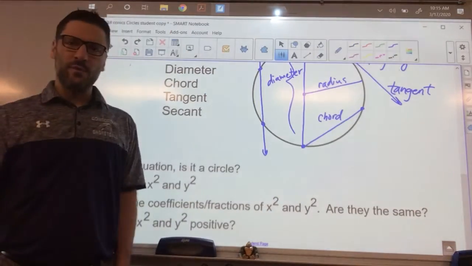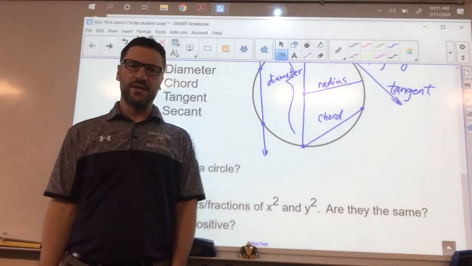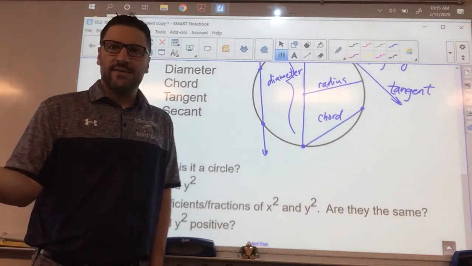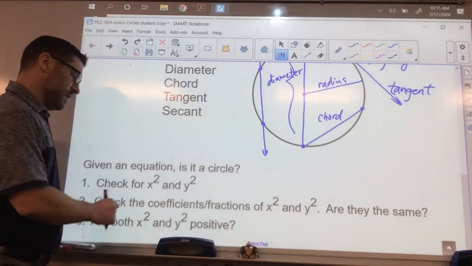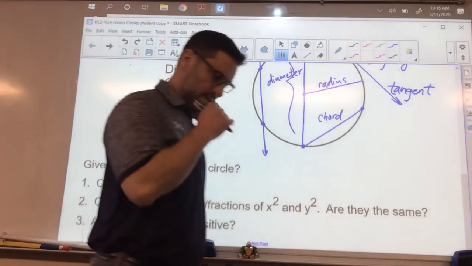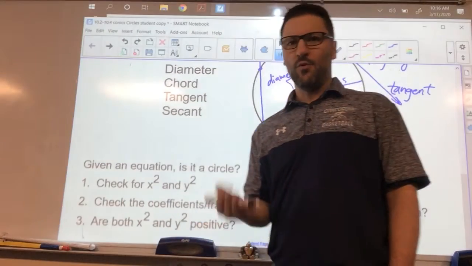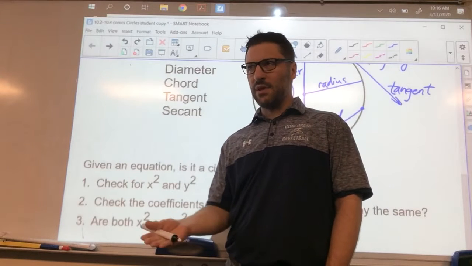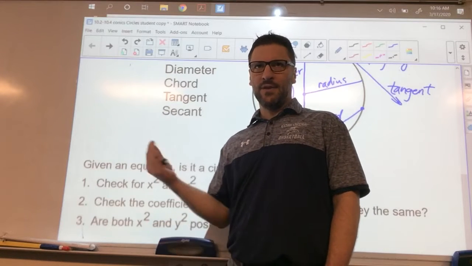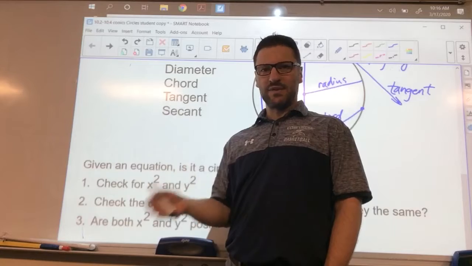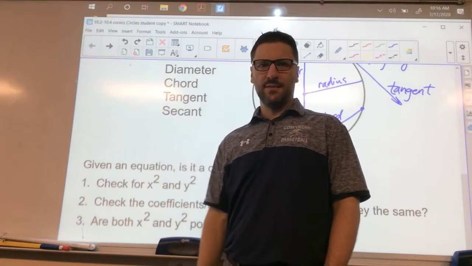Really what we want to know is, when we're looking at an equation, what makes a circle a circle? You're going to check for x squared and y squared. We've seen this before. If only one of them was squared, if it was just x squared, it would be a parabola. If it was x squared and y squared with a plus sign or a minus sign, it was an ellipse or hyperbola.